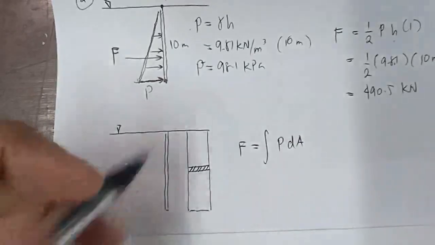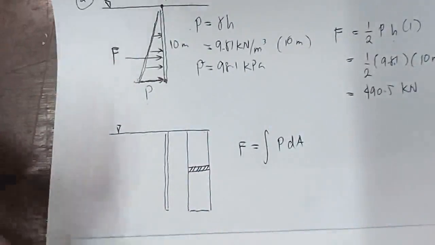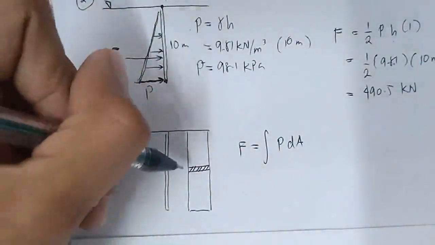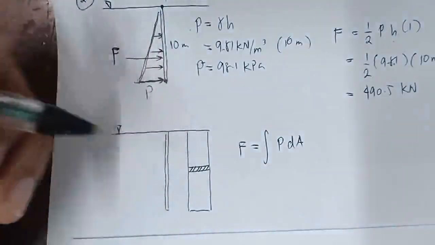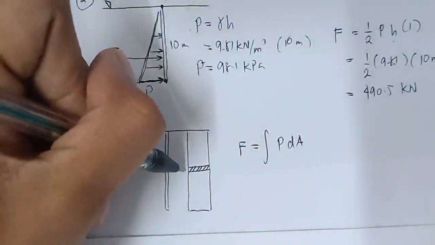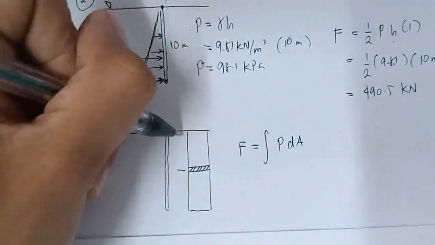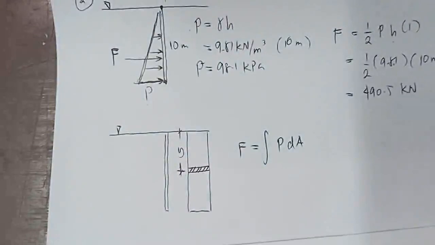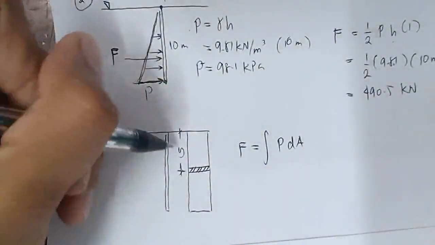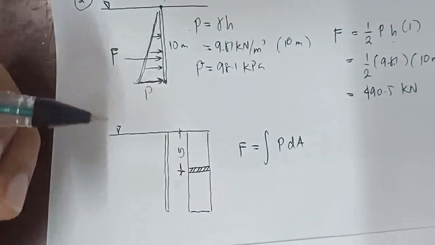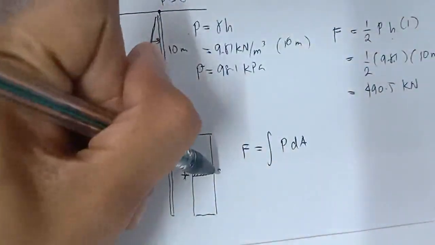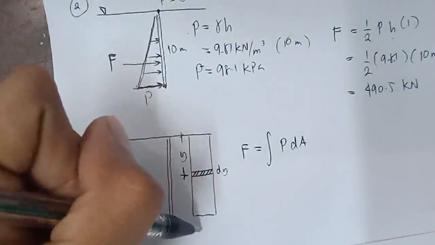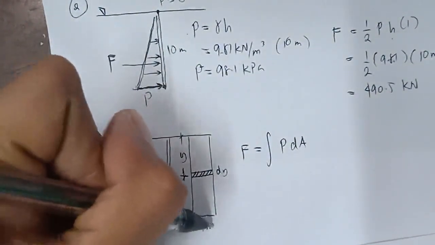So, syempre, we will use integral calculus. Kukuha tayo ng strip, horizontal strip. Then, yung location of that strip, gamitin ko is Y from the water surface. Then, kung Y ang ginamit kong variable, ibig sabihin, yung thickness ng strip is the differential of Y. Then, we have base width 1 meter.